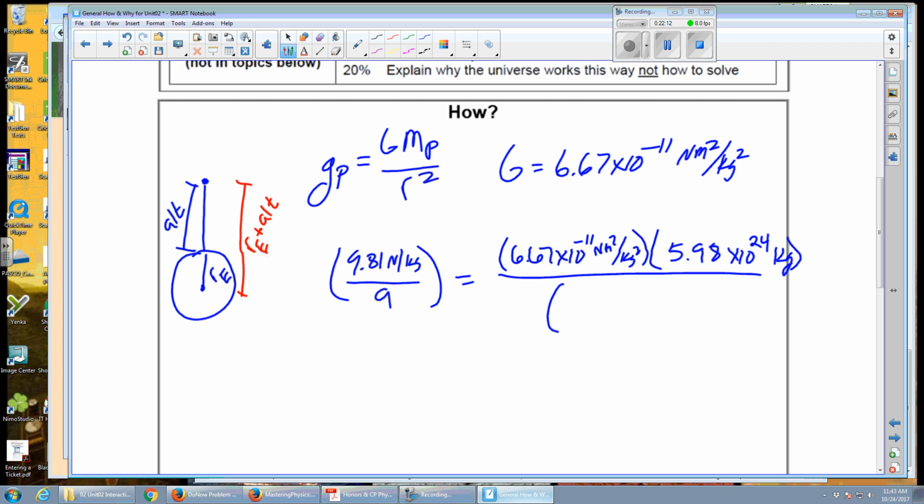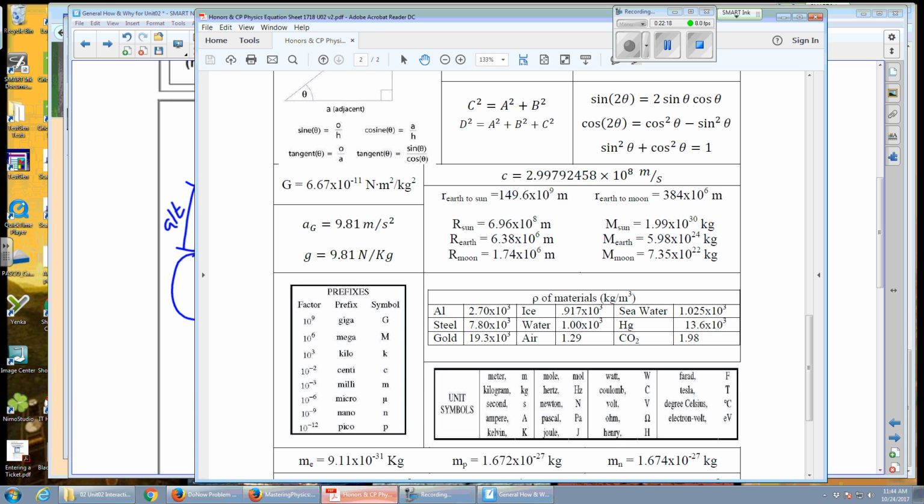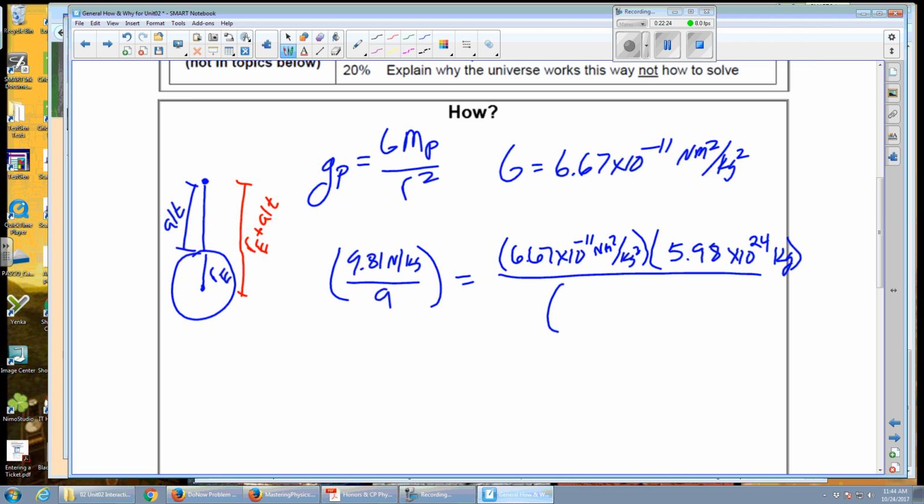Over how far I am from the center, which is the radius of the Earth. Radius of the Earth. Wow, this equation sheet is helpful. 6.38 times 10 to the 6 meters, plus my altitude, all that squared.